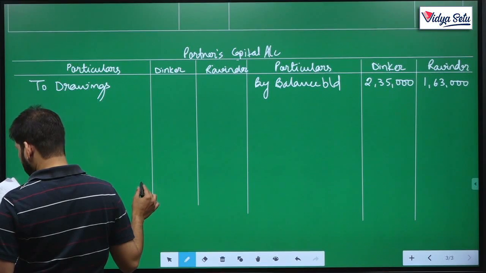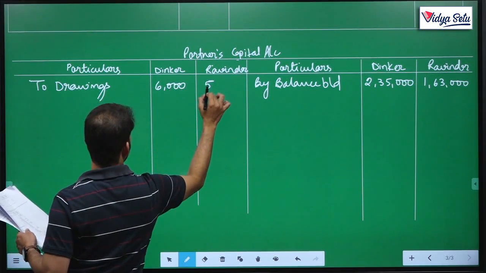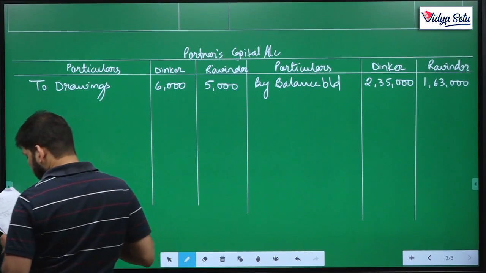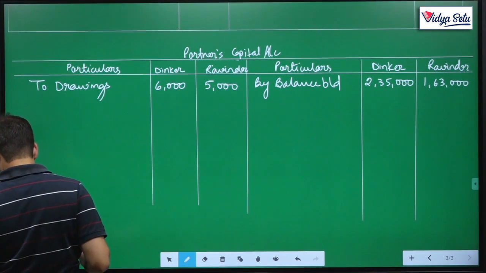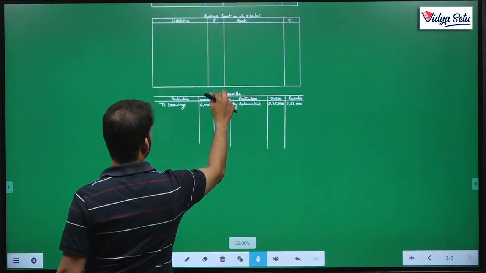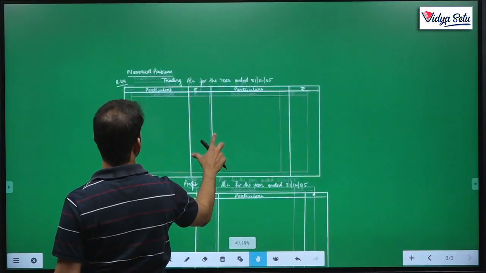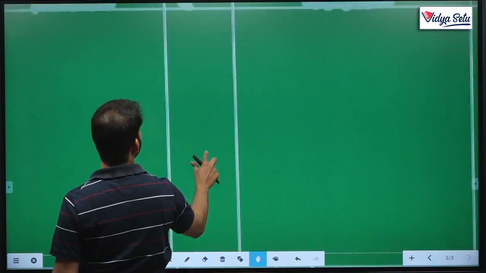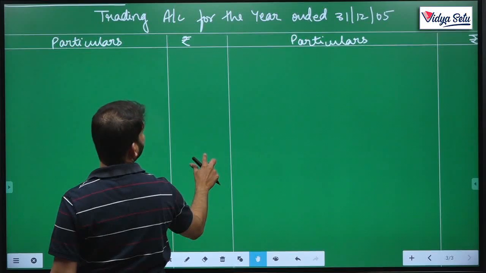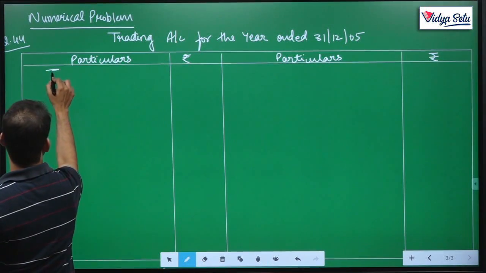Next thing is drawings. Here only, do remember only one entry. How much? 6,000 and 5,000. Next thing is opening stock 35,100. That will go in our trading account.